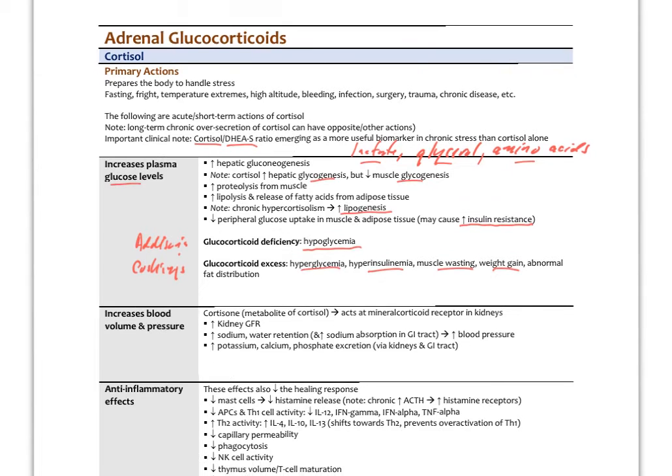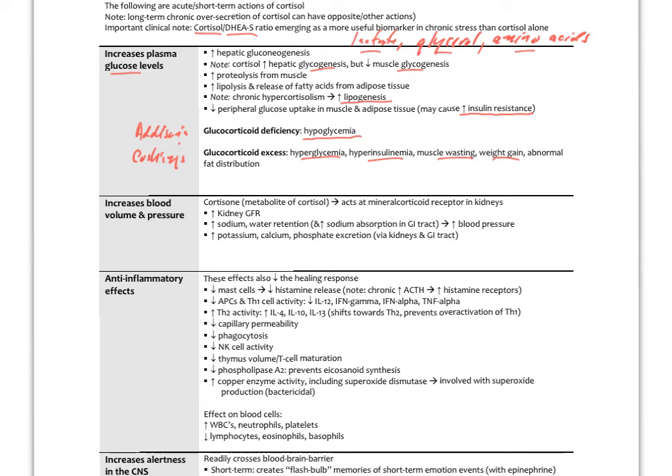Another effect of cortisol is to increase blood volume and pressure. So cortisone, both cortisol but also cortisone, act at the mineralocorticoid receptor in the kidneys, and that's going to increase the glomerular filtration rate in the kidneys, and it's going to also increase sodium and then water retention, and that will increase blood pressure.